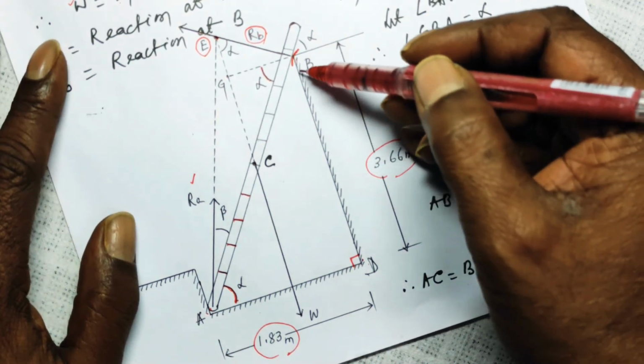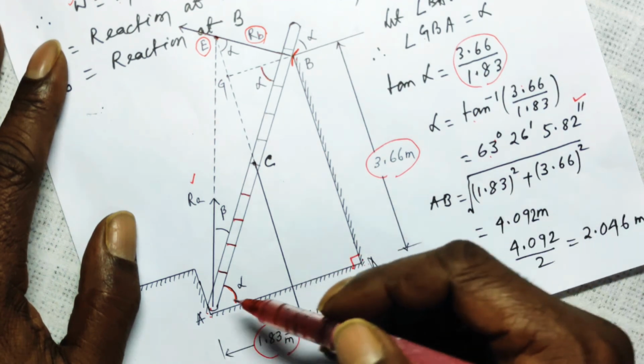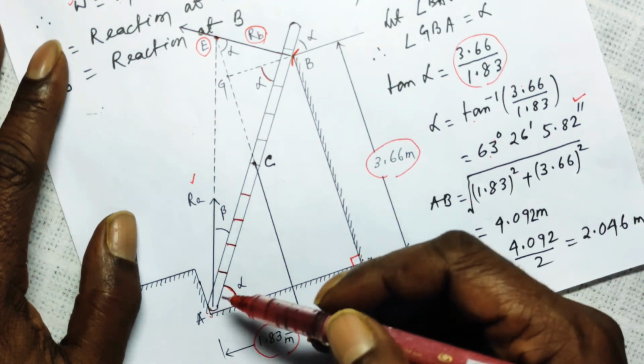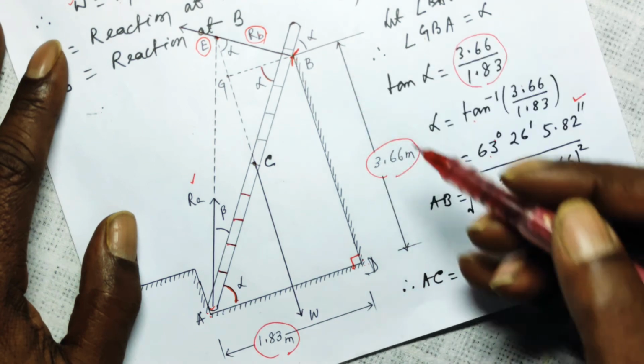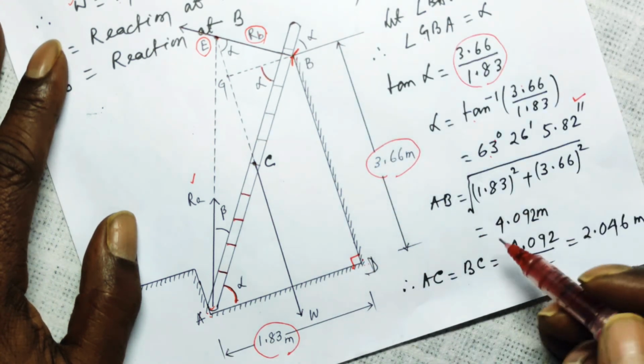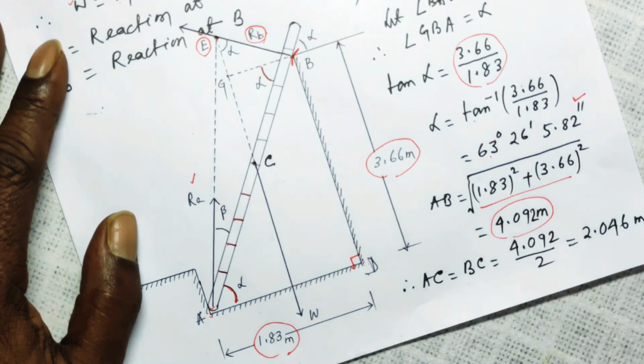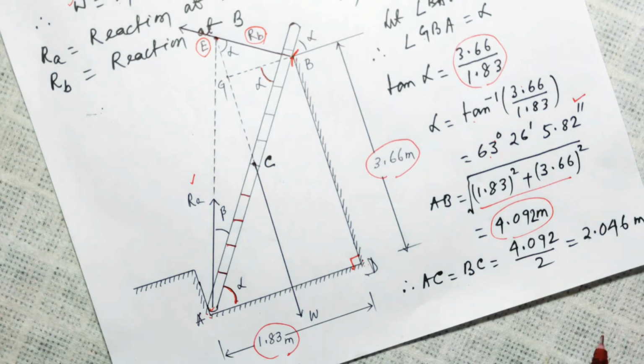Now, since the length BD is known and length AD is known, the distance from A to B using Pythagoras theorem will be the square root of AD square plus BD square. I put the values, and this comes out to be 4.092 meter.